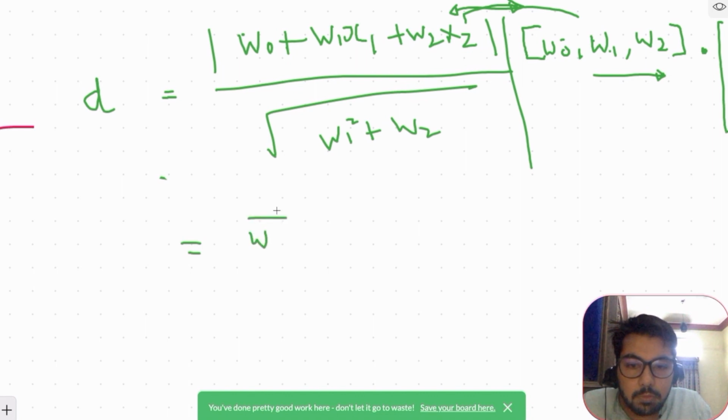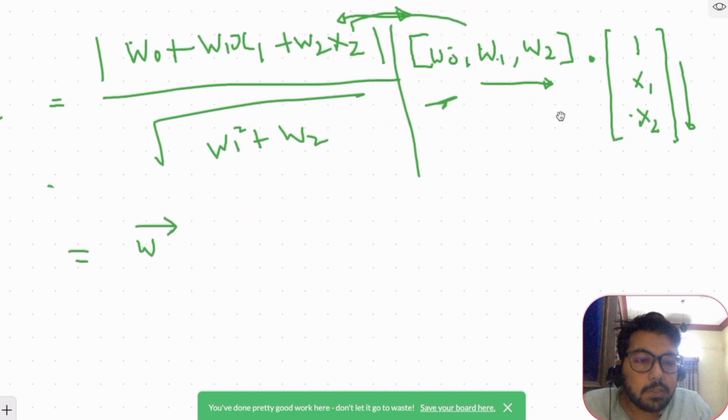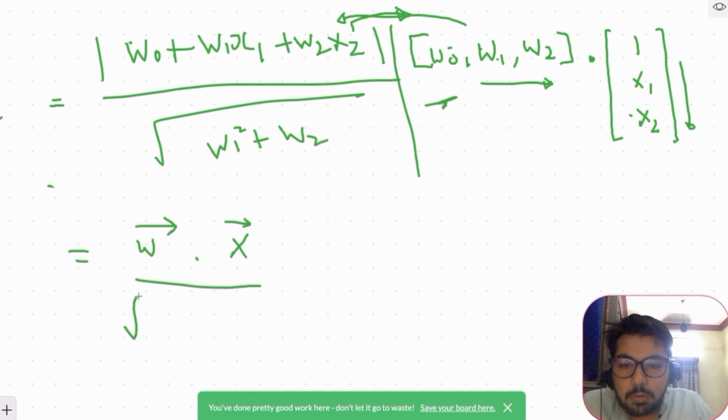So in the generalized term, we can write this equation as vector w, taking this as vector w and this as vector x, the dot product of w and x, divided by the root of w1 square plus w2 square.